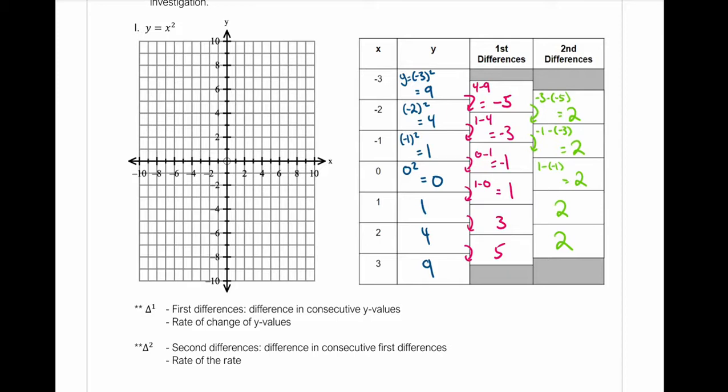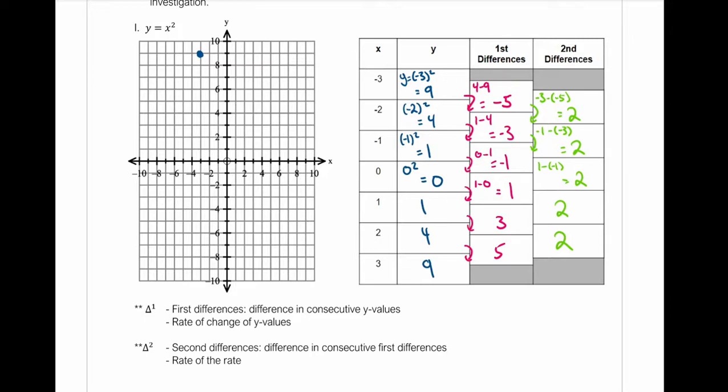Now that we've filled out the table, let's plot our graph. Remember, a point is just an x and a y value. The first one, negative 3, 9, is our first point. So I go over to negative 3, up to 9. Remember, x comes first when we plot it, x before y, you can think of the alphabet as well.